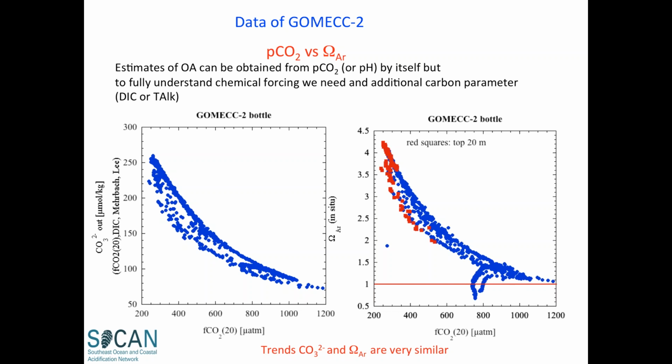But it is worth remembering that if you compare these two plots, the carbonate ion concentration and the aragonite saturation are very closely correlated. The little appendices you see at a partial pressure of around 800 are the effect of pressure on the aragonite saturation state. So that's where the differences are. These are all deep waters, and the aragonite saturation state is dependent on pressure.